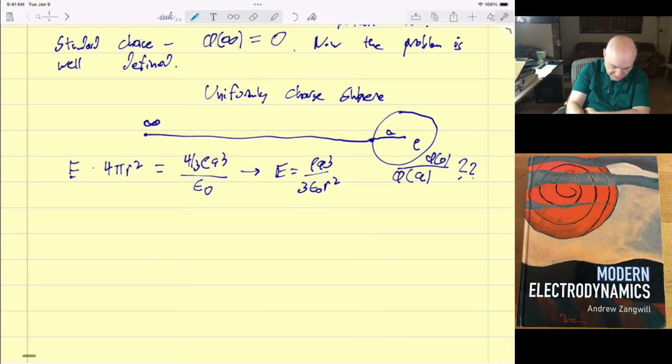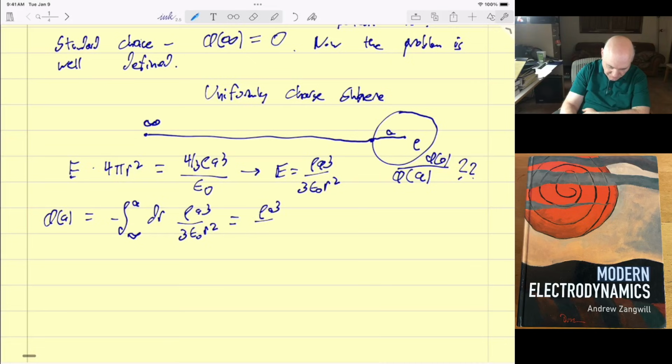So phi at a is minus the integral from infinity to a of the electric field dr, rho a cubed over 3 epsilon 0 r squared. And this is just equal to rho a cubed over 3 epsilon 0 r, because when we take the derivative, we get minus 1 over r squared, so that helps us account for the minus sign in front.